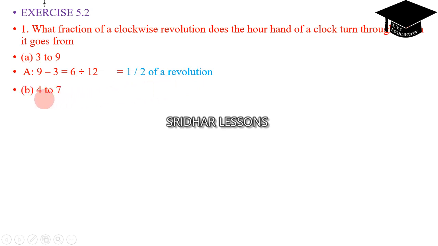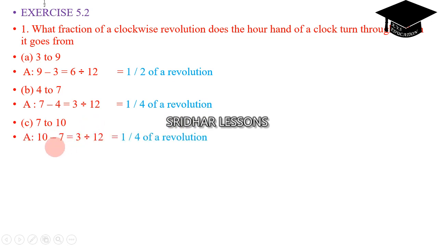Next, 4 to 7 o'clock. So 7 minus 4 is equal to 3, divided by 12, is equal to 1/4 of a revolution. Next, 7 to 10.